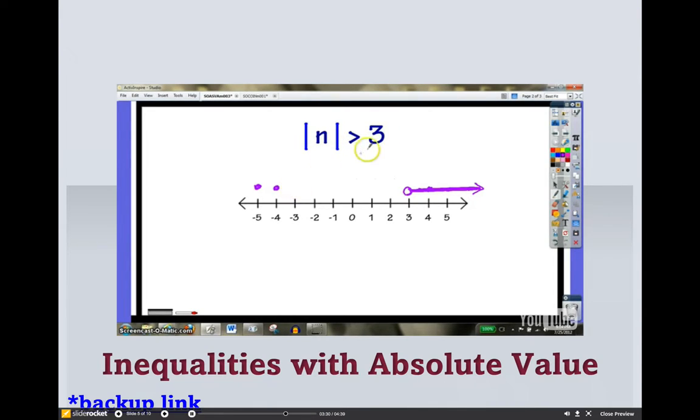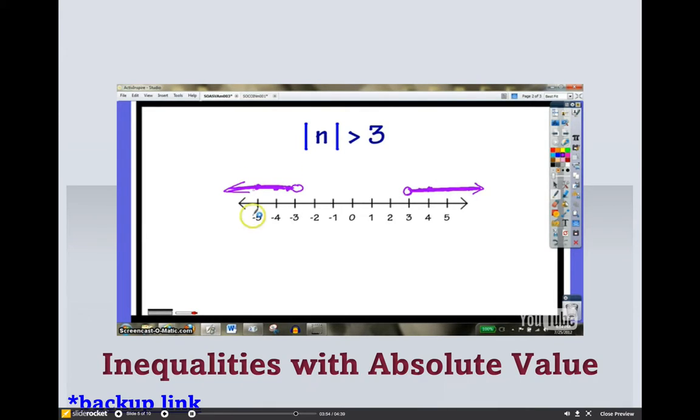Now -3 would not work because once again no equal sign, but let's say I did -3.2. -3.2 absolute value is +3.2 or just 3.2, and 3.2 is greater than 3. So that would work too. So on this side I get a starting point of -3, and this time everything below it.